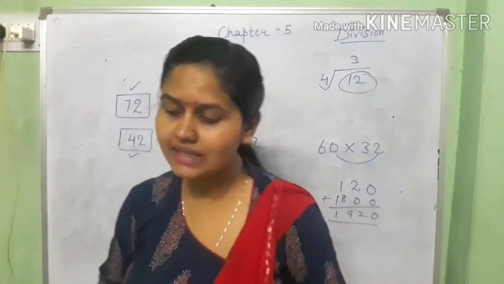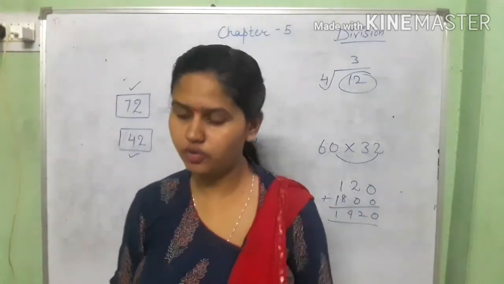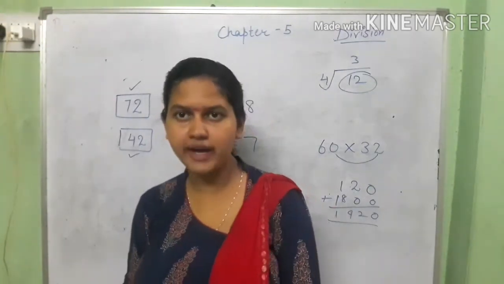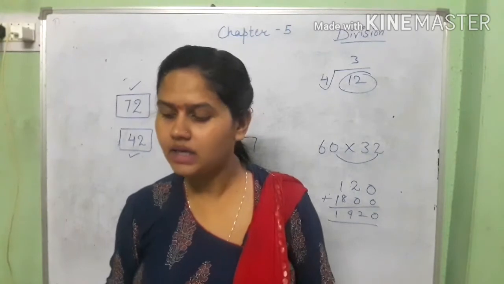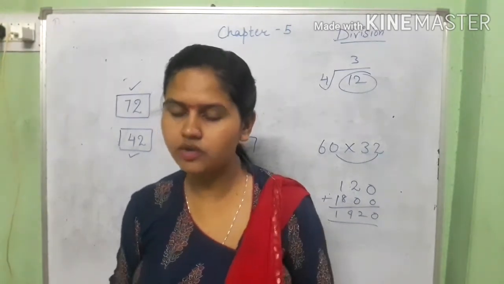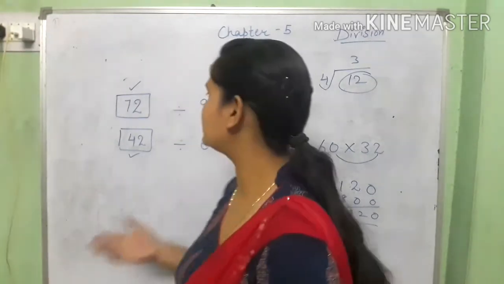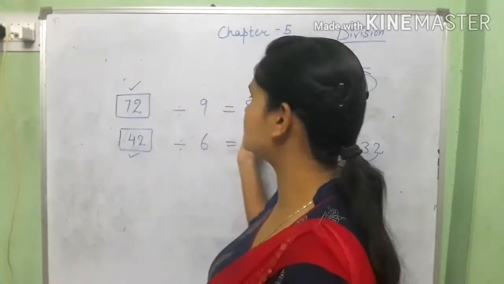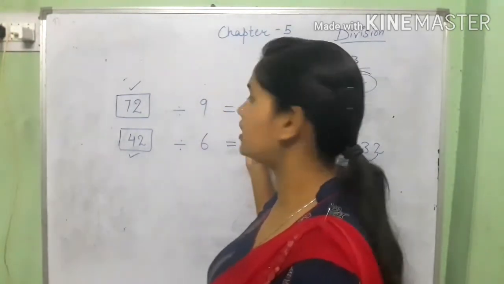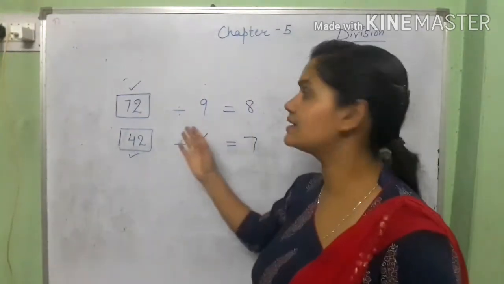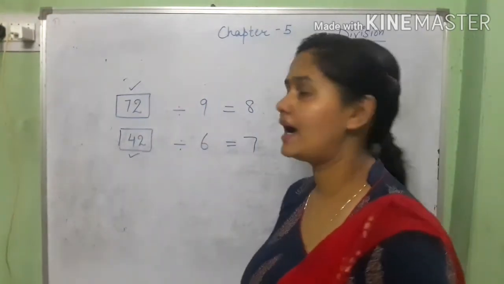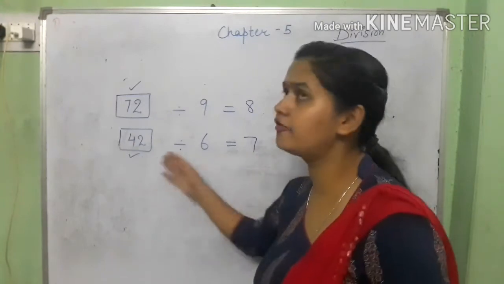So in exercise 5a, what we have to do is find the dividend from the divisor and quotient. How will we find it? By multiplying. Here 9 and 8 are given to us, and when we multiply, 9 8s are 72, and 7 6s are 42.